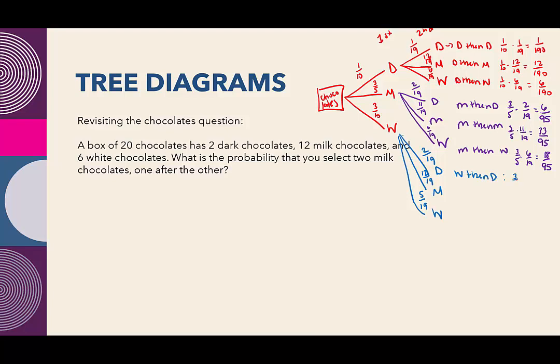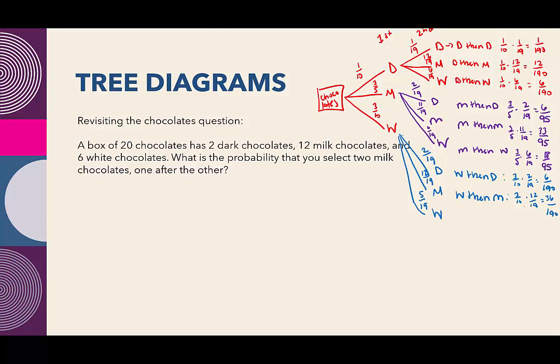And then our last 3 probabilities, if we have white, then dark, this would be 3 out of 10 times 2 over 19, which is 6 over 190. If we have a white, then a milk chocolate, that would be 3 out of 10 times 12 over 19, which would be 36 over 190. Oh, this one we can simplify, right?